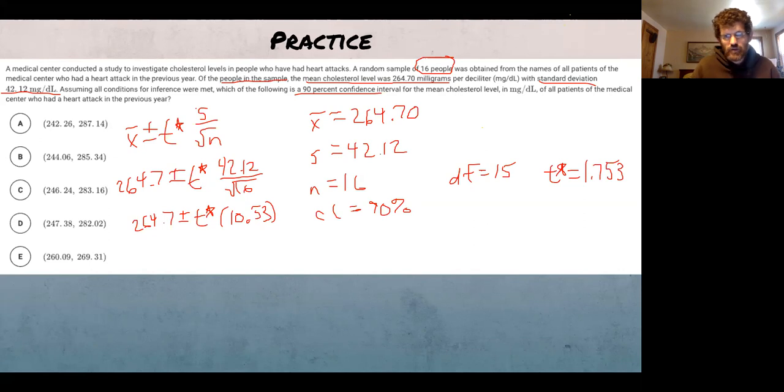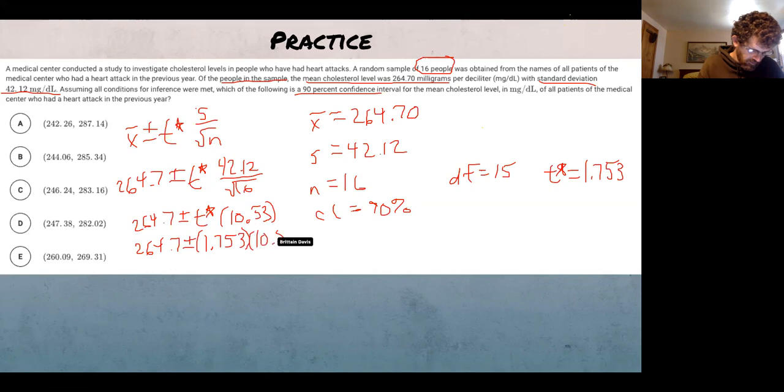Okay, so now I'm just going to plug that in and finish the calculation. Okay, so you guys can do that calculation and we'll look at the answer here in a second.